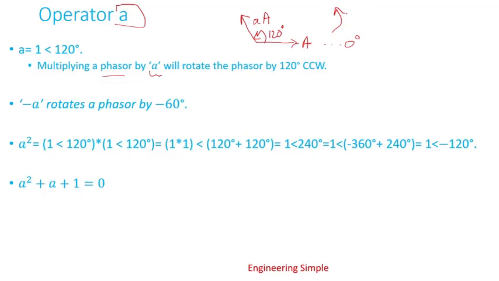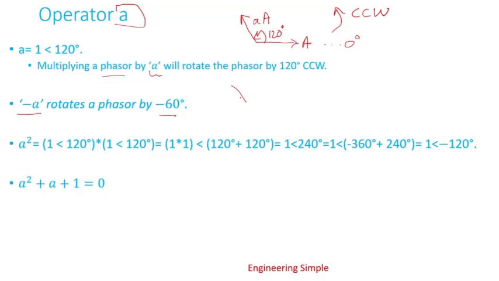Because the convention is counterclockwise rotation. Negative A rotates a phasor by negative 60 degrees. Because you would have operator A times phasor A, and minus A times phasor A will be 180 degrees in the other direction.